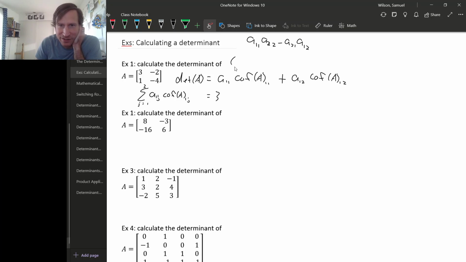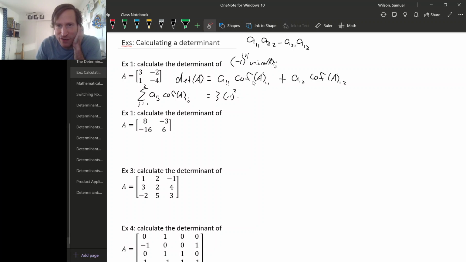Now this cofactor, remember, it's minus 1 to the i plus j times the minor of A in position ij. So we're in position 1,1, so 1 plus 1 is 2. Minus 1 to the second power is 1.